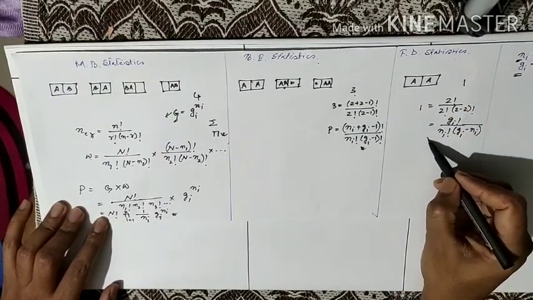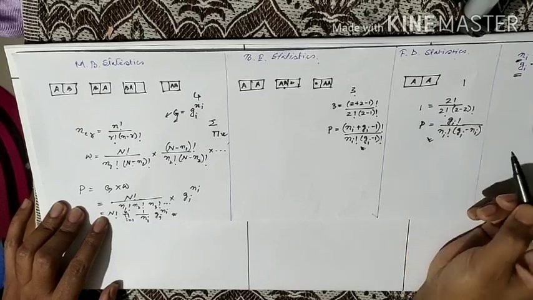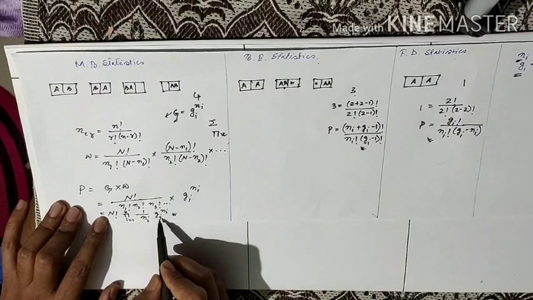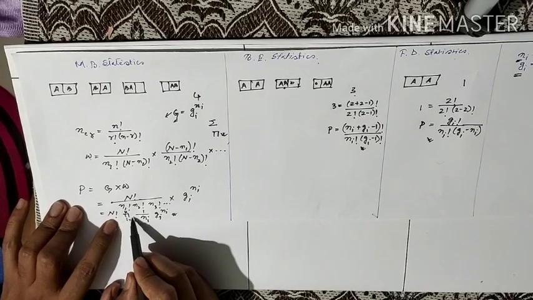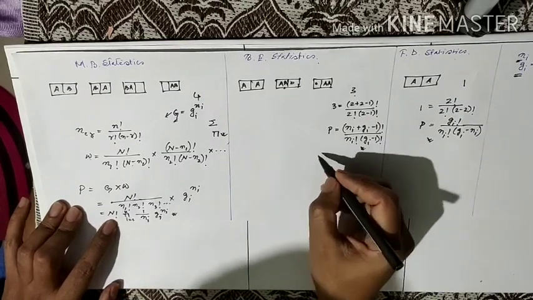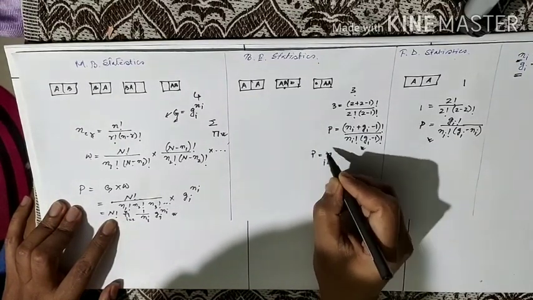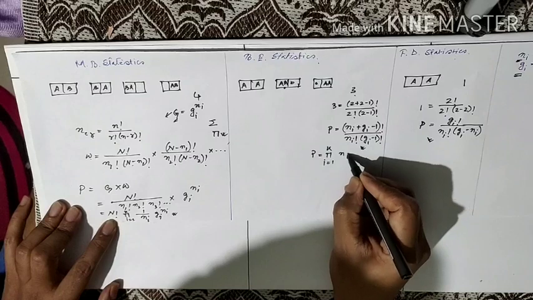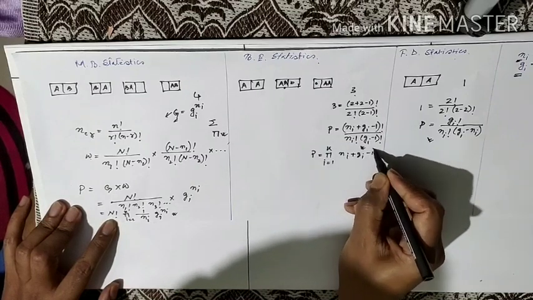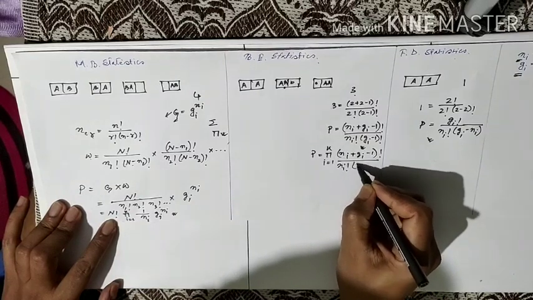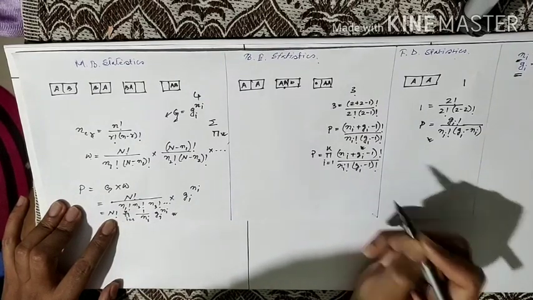So this is the probability for Maxwell Boltzmann statistics, and this is the probability for Bose Einstein statistics, and this is the probability for Fermi Dirac statistics. Okay, so here as we have considered a number of cells or compartments ranging from i is equal to 1 to k, here also I will write for i is equal to 1 to k, product of (ni plus Gi minus 1) factorial, divided by ni factorial and (Gi minus 1) factorial.